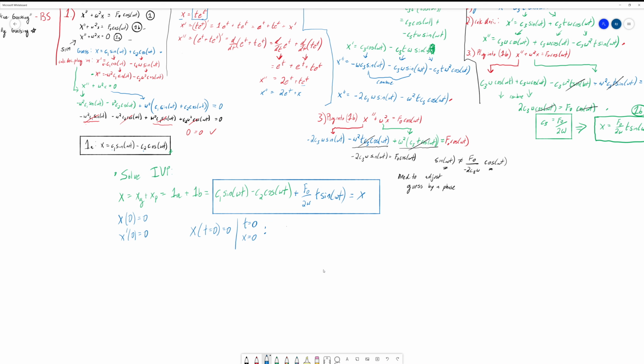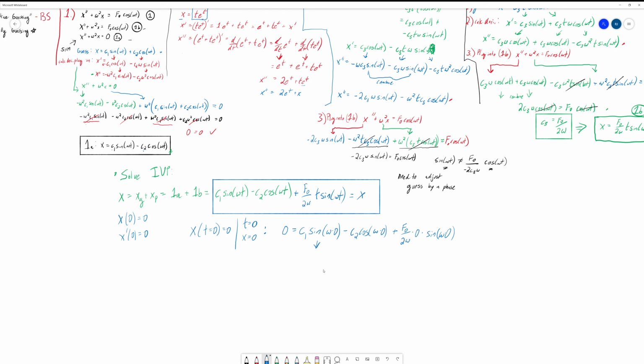So we're going to have 0 equals c1 times sine of omega times 0 minus c2 cosine of omega times 0 plus f naught divided by 2 omega times 0 times sine of omega times 0.